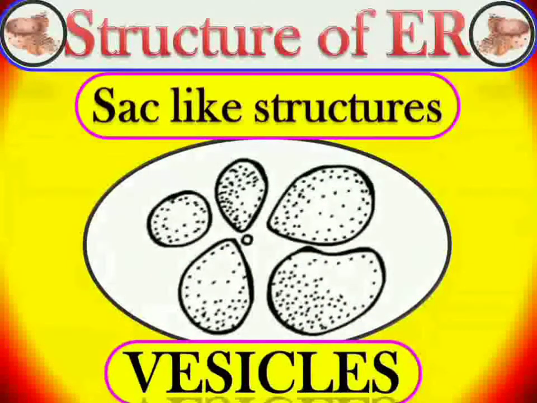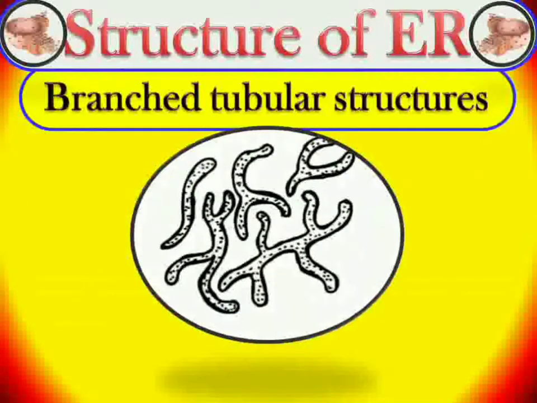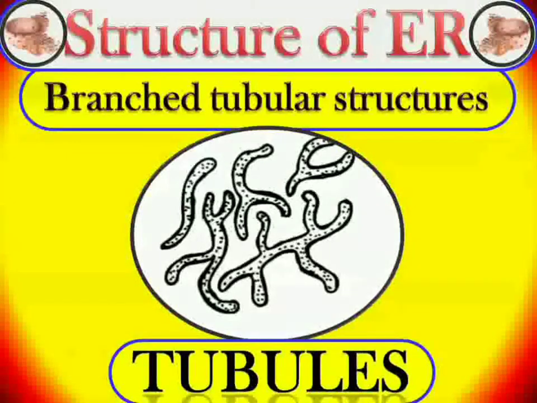So the endoplasmic reticulum structures which appear like sacs are called vesicles. Then some part of endoplasmic reticulum exists in the form of branched tubules. This is called the tubules form of endoplasmic reticulum.